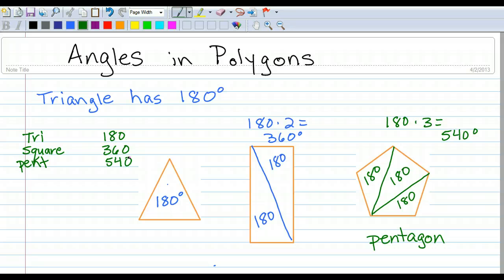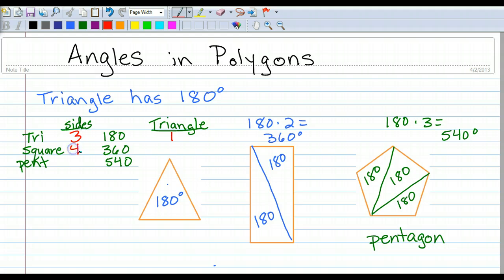Okay, let's see if we can see something here. A triangle has 3 sides, right? Let's say the number of sides and the number of triangles you can make. A triangle has 3 sides, and it makes 1 triangle.